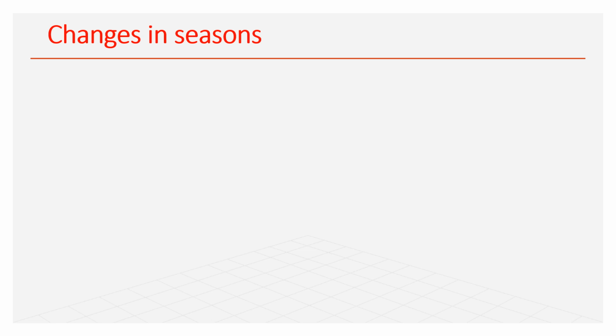Number two, what brings about the season change is the tilt of the earth. The Earth is tilted in such a way that it makes an angle of 23.5 with the vertical, and that tilt, that is the axis itself.